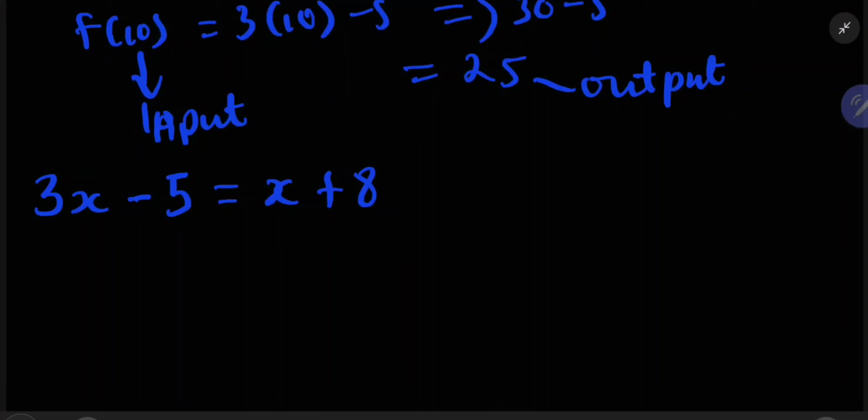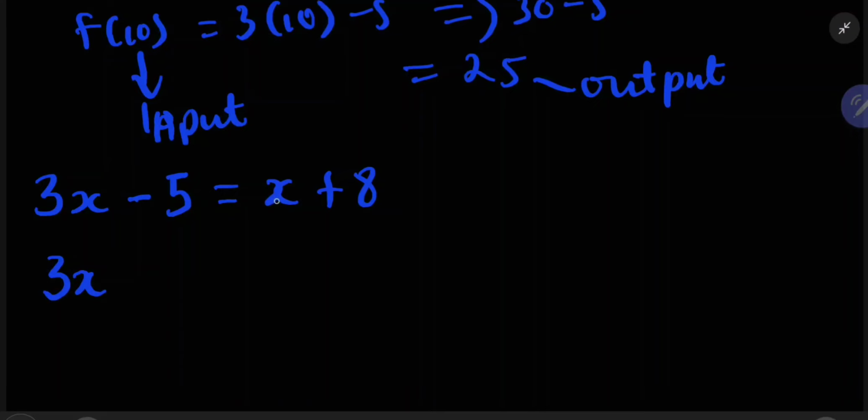So to solve this, the first thing you do is to bring like terms together. 3x is like x, minus 5 is like plus 8. We just want to bring them together on the same side. So for 3x, we want x to be with 3x.